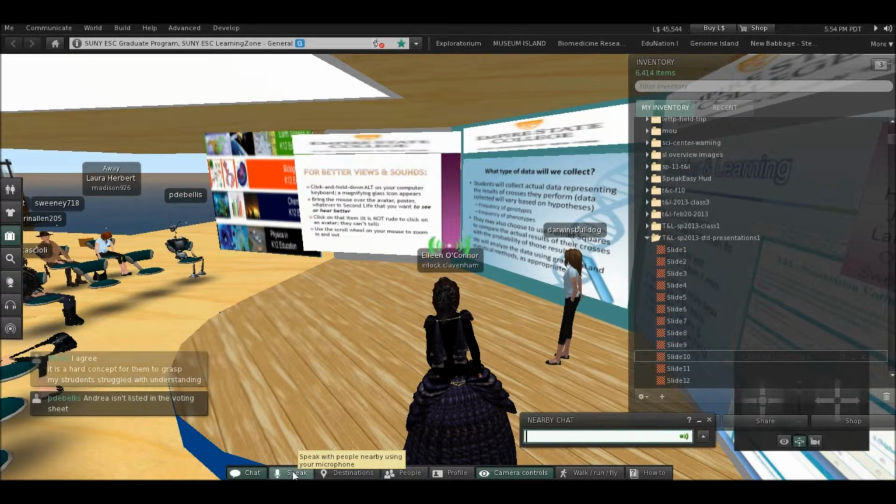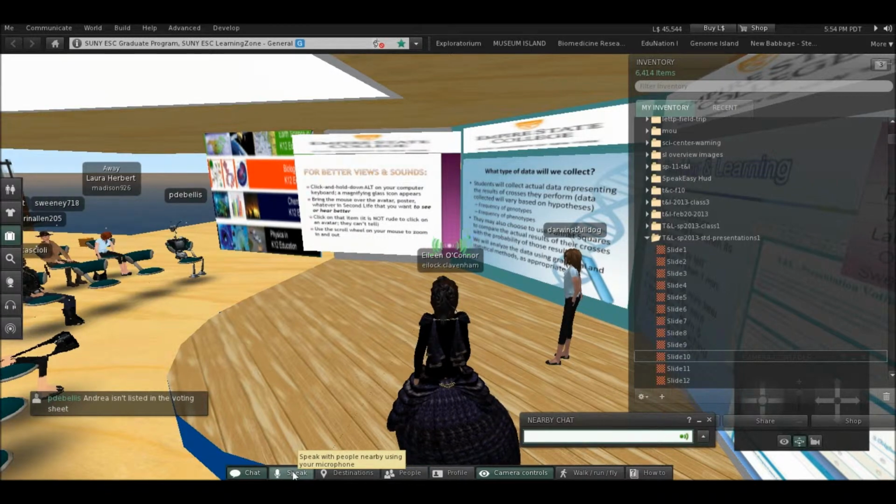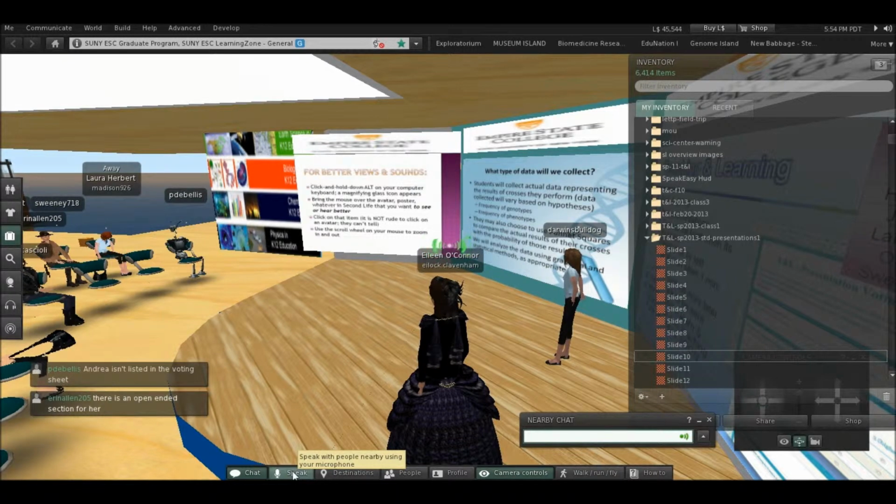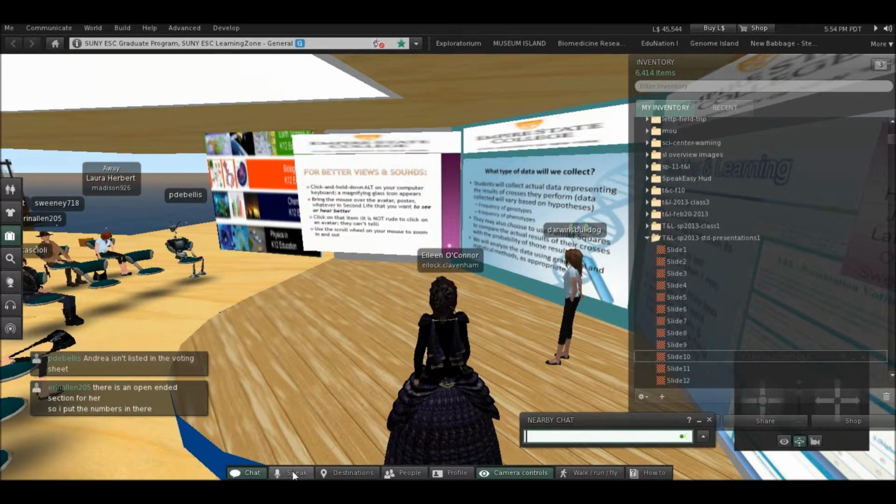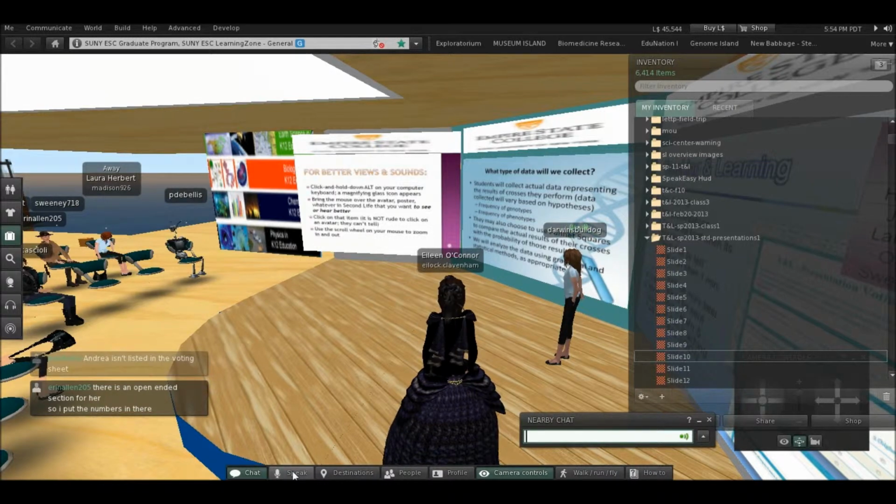Andrea isn't in the voting sheet. Thank you. You know what? Maybe tonight before you vote, I will go back in and be sure that I've got everybody's name in there. Andrea's last name is Covey. I hope I got that in. Does anyone see her there? Okay, I will go back in and correct that. I'm in the comments part, but I didn't have a number, voting part.